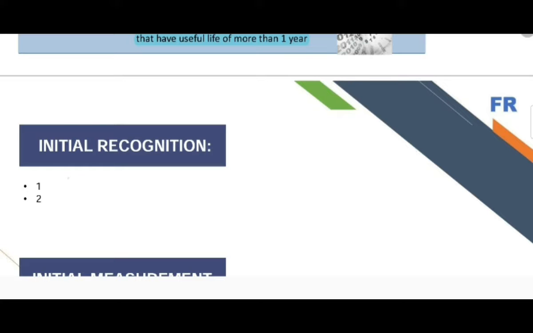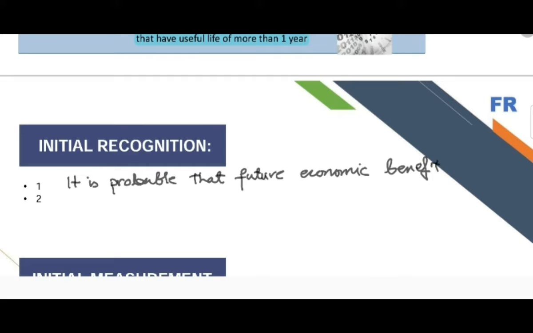First, it is probable that future economic benefit associated with the asset will flow to the entity.